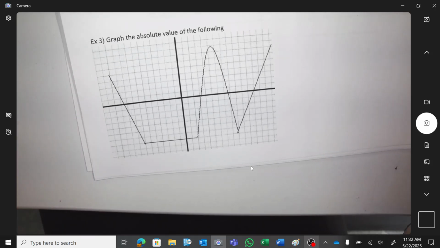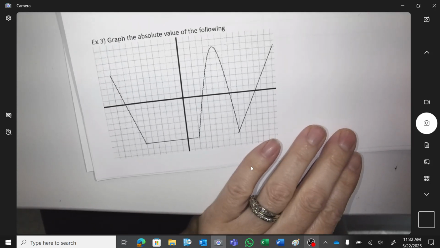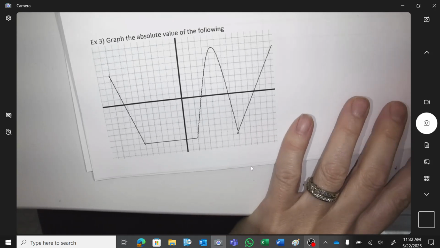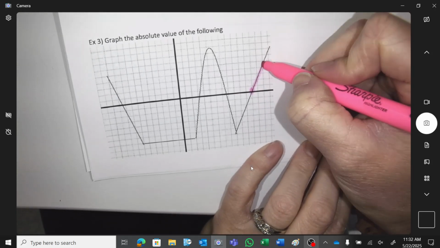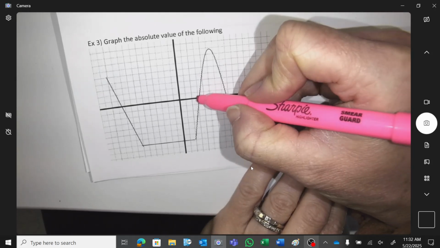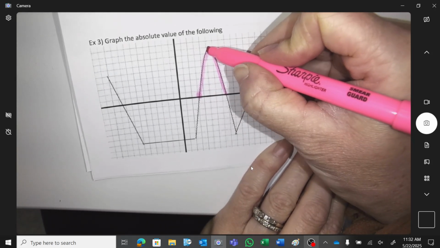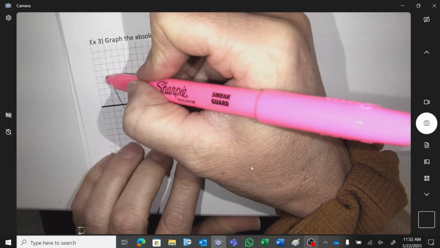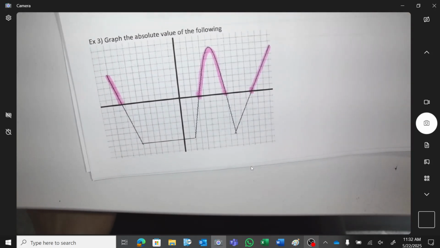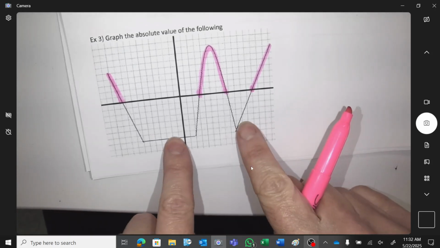Okay, so this is my last one. I'm going to do my graph pink so that you can really see my final graph. Which is good to leave? I can leave this chunk. I can leave this chunk. And I can leave that part. So those should show me overlappage. I'm good if I'm positive. I'm good if I'm 0. Those can be distances. But I don't like these parts.